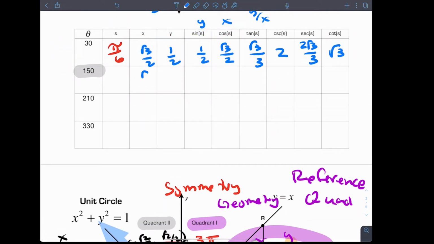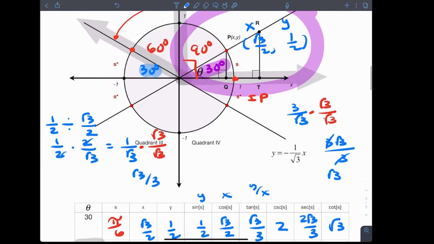I'm going to copy everything over. They are the same answers with one exception. Does anybody know what the exception about quadrant 2 is? Oh, what? Students take calculus. This is, S is positive.